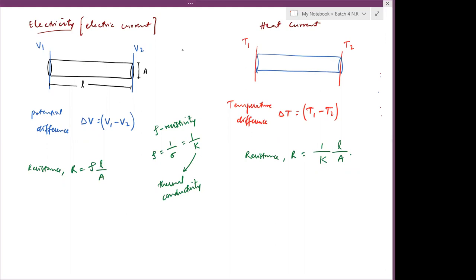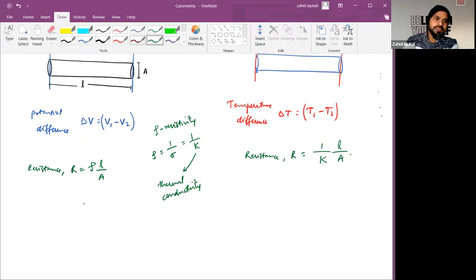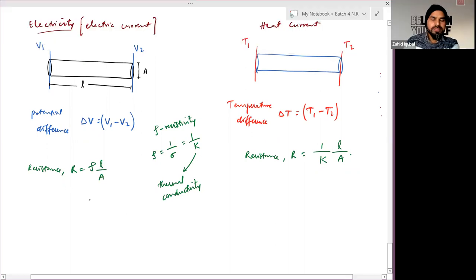Next is the amount of current flowing through this conductor. So next is current, or simply electric current. I equals the rate of flow of charge. It means charge flowing divided by time taken is called electric current.